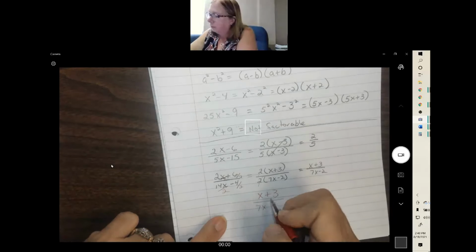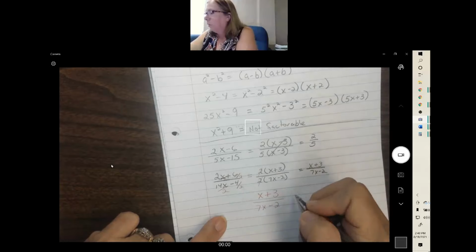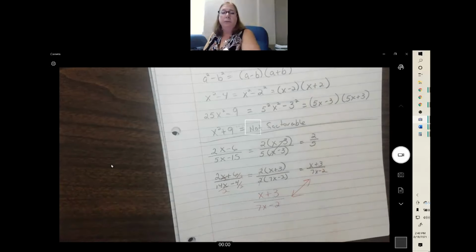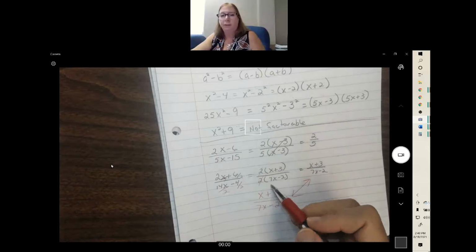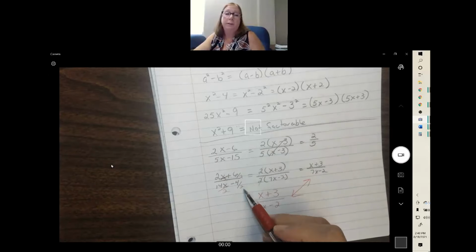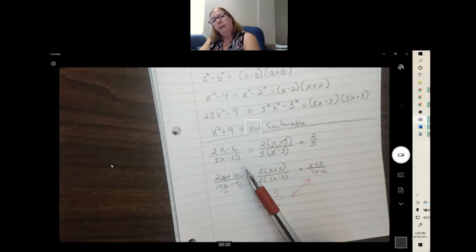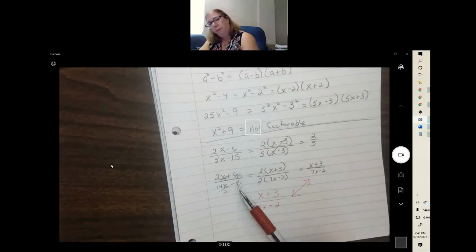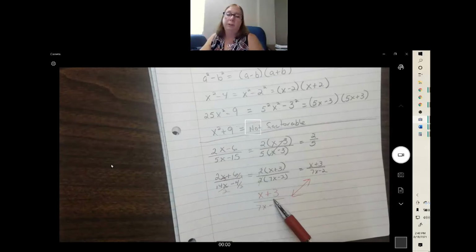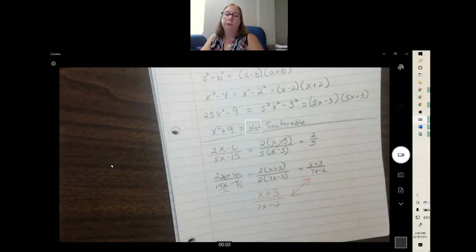And -4 divided by 2 is a -2. You're going to get the same answer. It's just another way of doing it. You're kind of skipping this part and just putting it here. So when something can divide evenly out of all of them, this is a case you can do. Any questions on that?